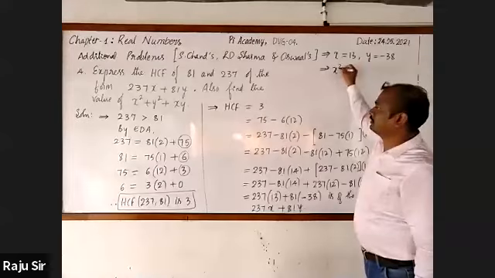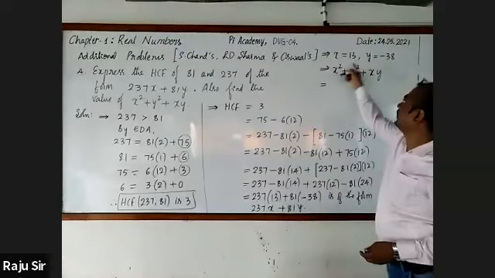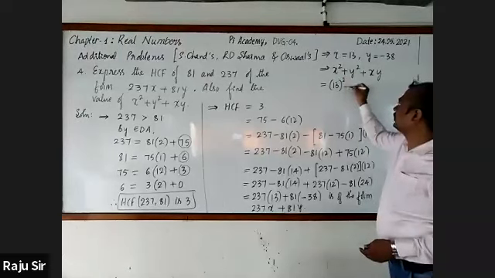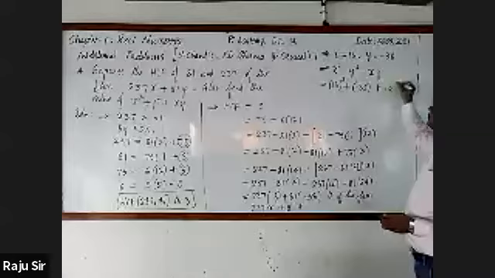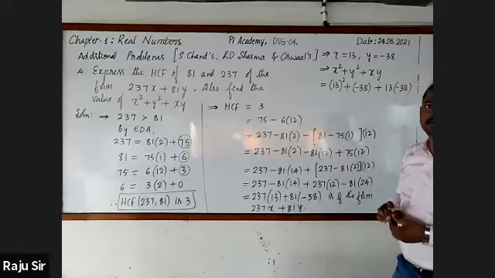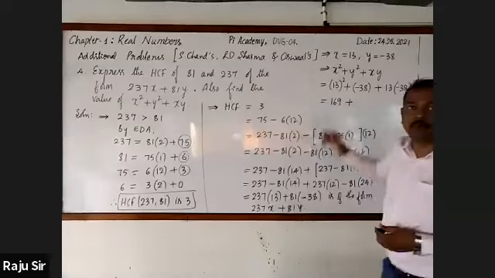After this, we should find out the value of x square plus y square plus xy. Substitute the values where x is 13, y is minus 38: 13 whole square plus minus 38 whole square plus 13 into minus 38. You all know the value of 13 square. 13 square is 169. Plus 38 whole square.